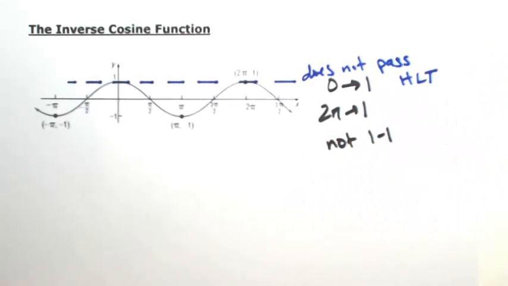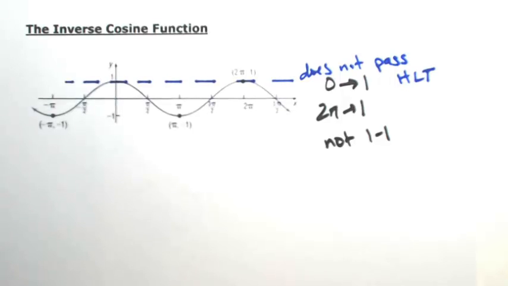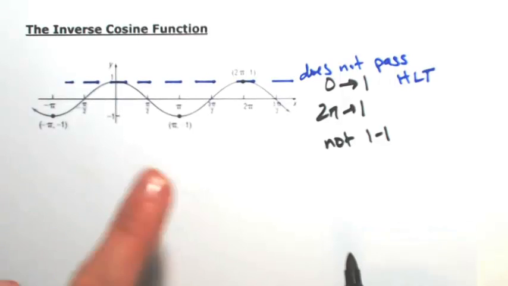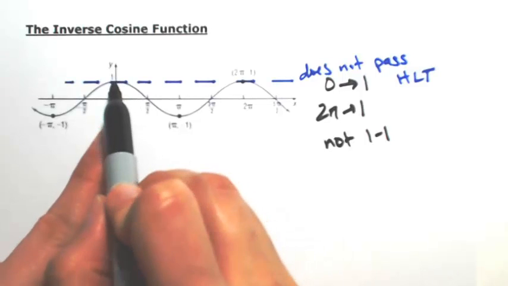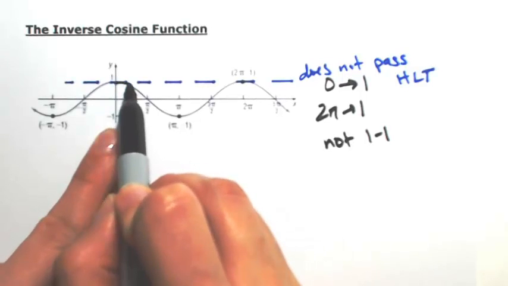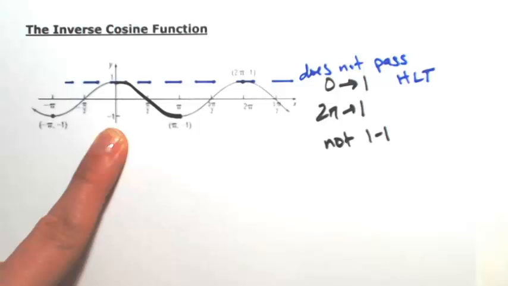Still leads to the conclusion that this is not 1-to-1, and because it's not 1-to-1, it does not have an inverse. So what we're going to have to do is restrict the domain, and where we've decided to do this as a mathematical community is starting from that 0 and then going until pi.